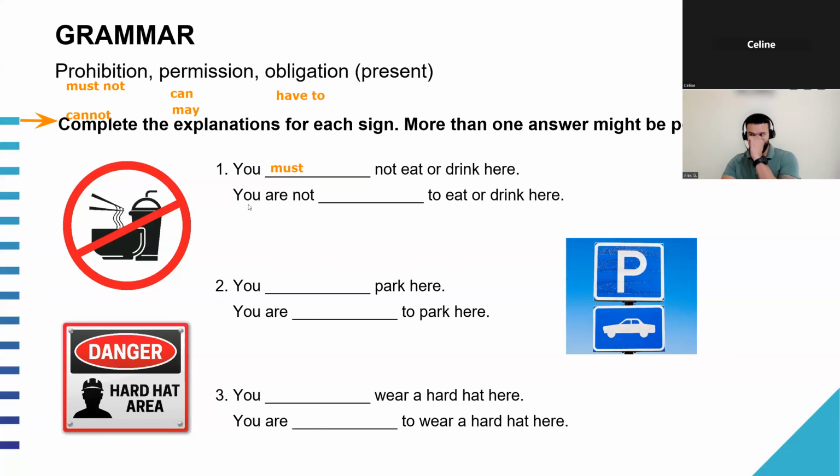What about the next one? You are not... Maybe we could put something here like are not. Allowed. We can always use allowed. And we can also use maybe should. Let's put should here because should is also important if it's a recommendation, okay?